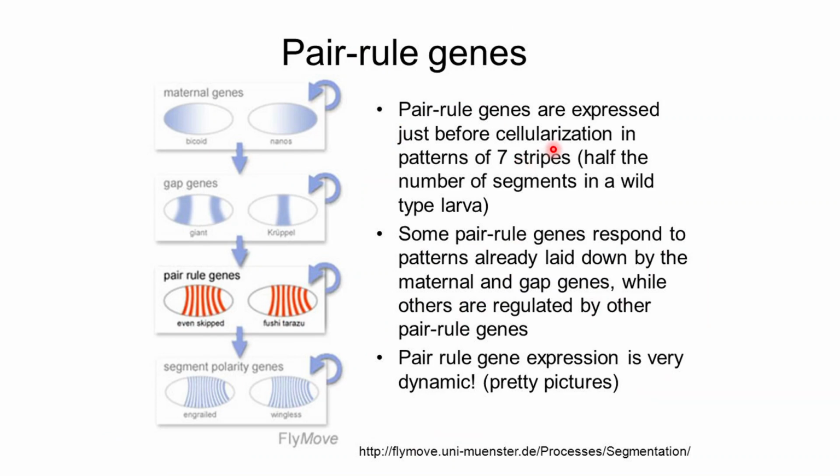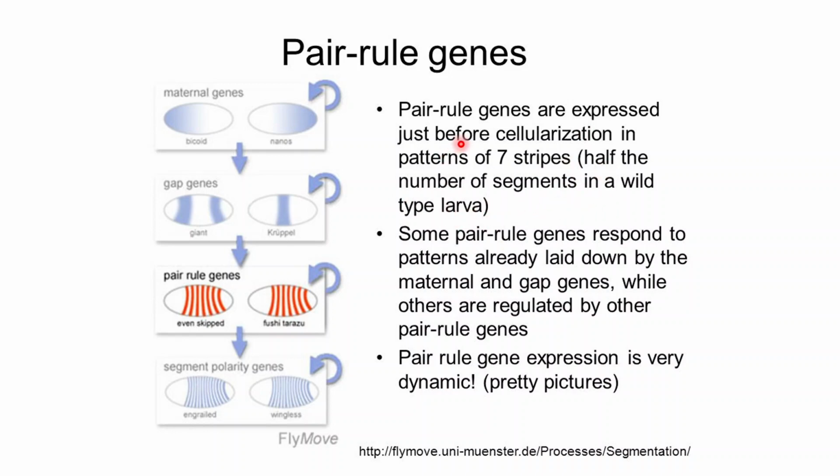Now let us study a little more about pair rule genes, because our third statement, which is the correct answer, describes the expression pattern of the pair rule genes. Pair rule genes are expressed just before cellularization in patterns of 7 stripes, half the number of segments in a wild type larva.